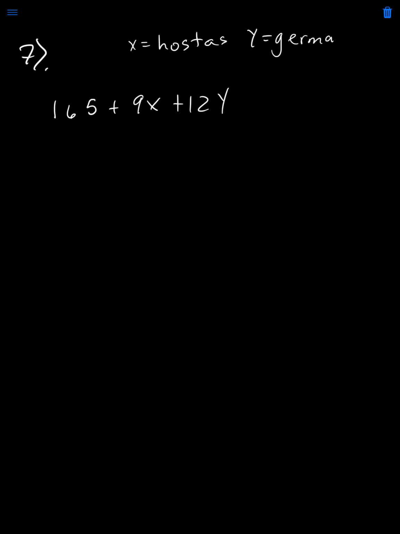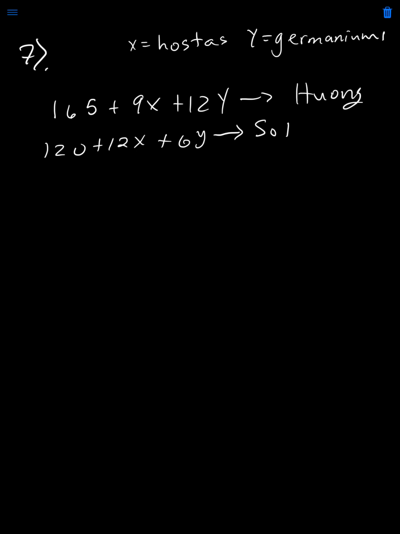What I basically did is make x equal the hostas and y equal the geraniums. Then Scott spent 120 on 12 hostas and 6 geraniums.